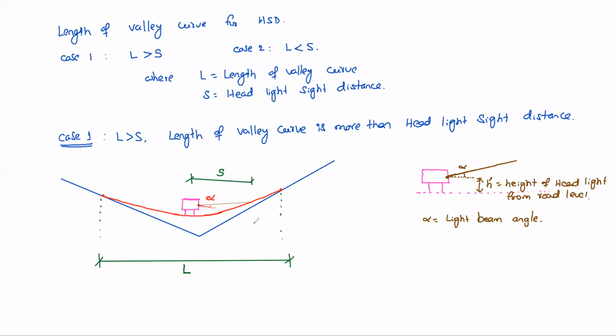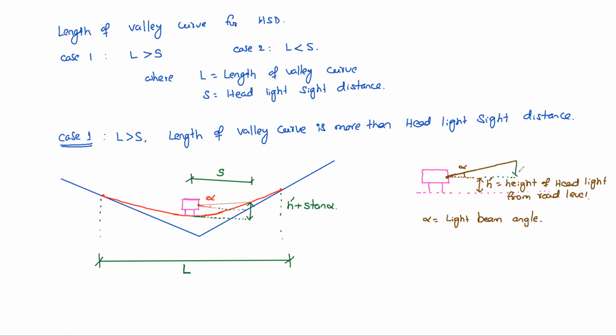Then this height is h dash plus s tan alpha, because h dash is the height of the headlight from road level, and the remaining distance is s tan alpha.